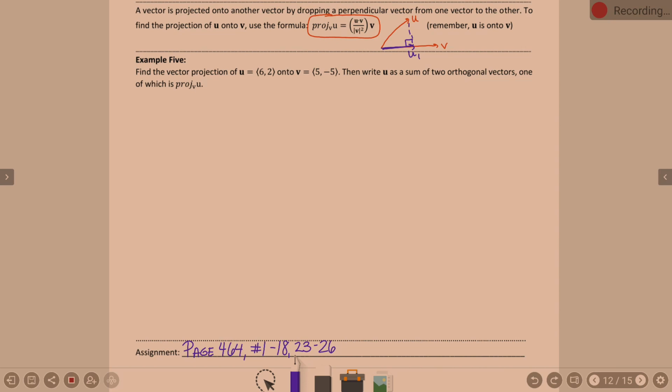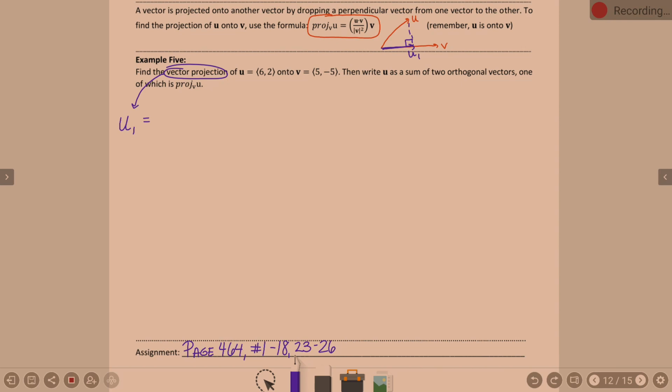So, with that in mind, let's start by finding the vector projection. So we're going to find the projection of u onto v. Since we're trying to find that vector projection of u onto v, I'm going to name it u1. So it has a name.